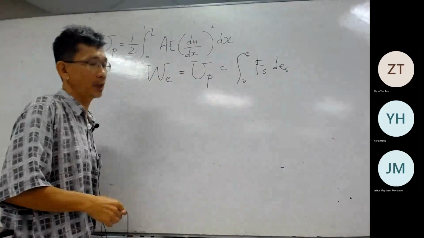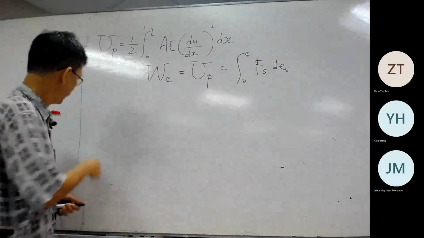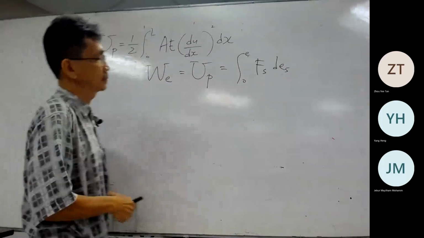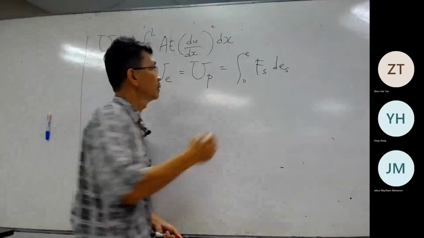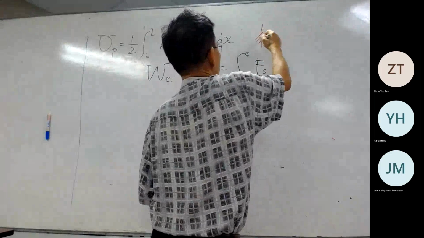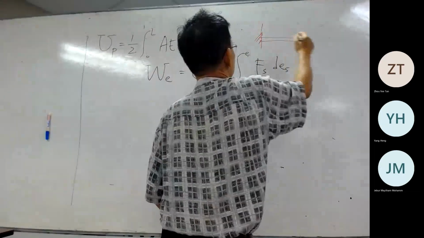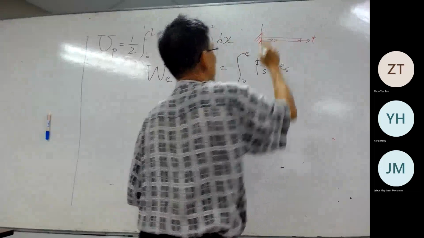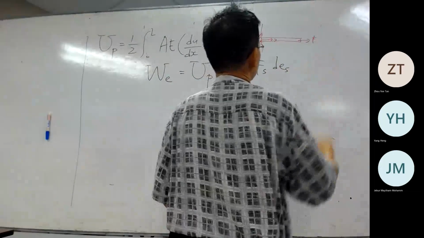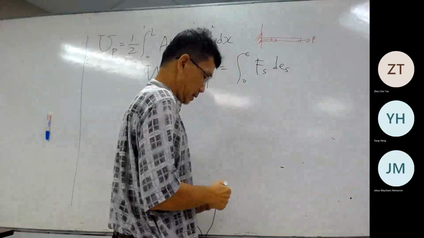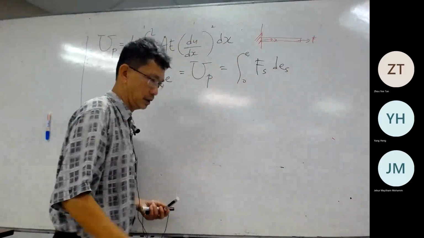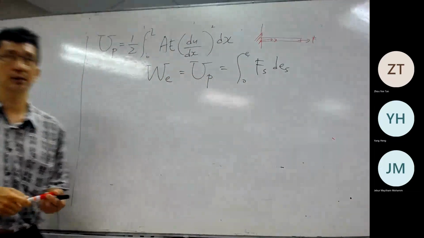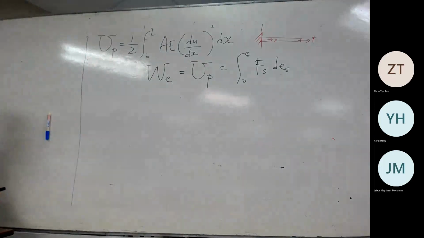This is the one that we start off with. Remember the F for this bar, this is F x. And the integral of Fs des is the area under the graph of F versus E.